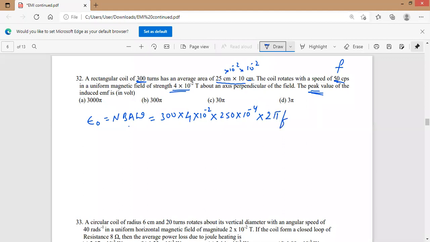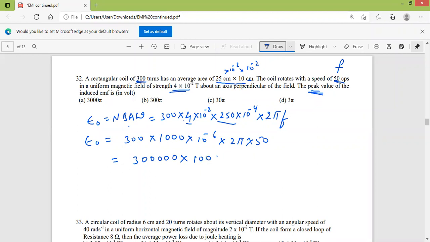Then epsilon naught is equal to 250 into 4, that's 1000. It's 300 into 1000 into 10 to the power of minus 6 into 2 pi into f, and f is 50. So that gives 3 zeros, 5 zeros, 5 twos are 10.